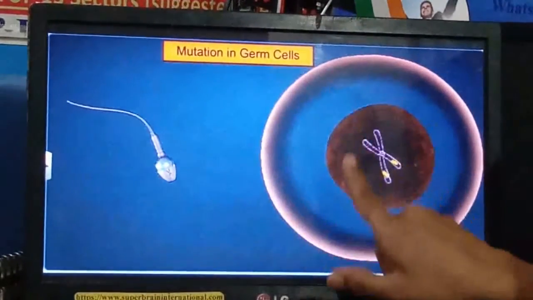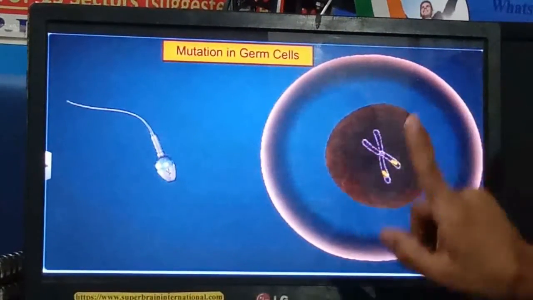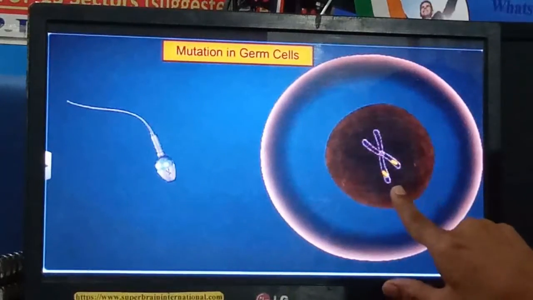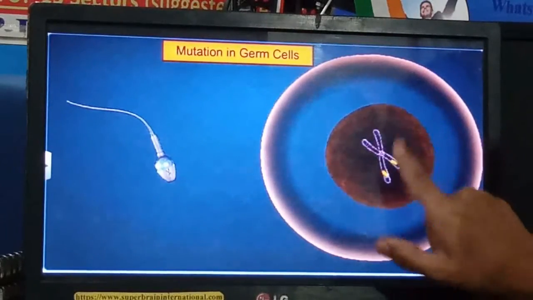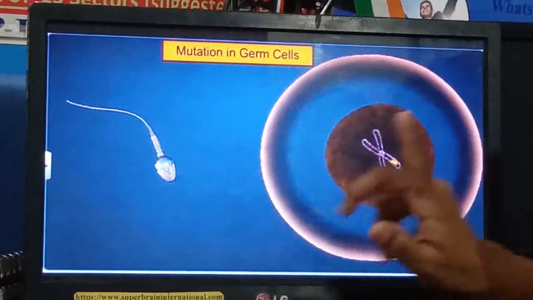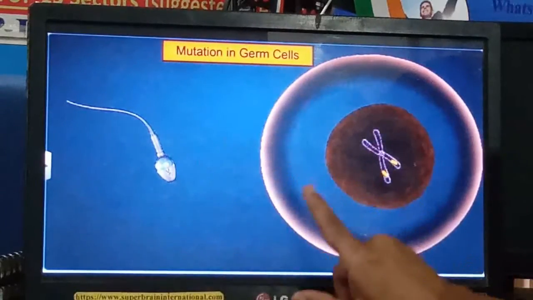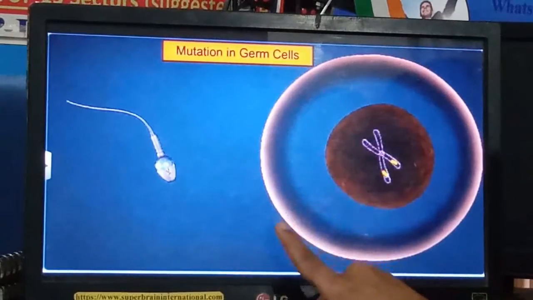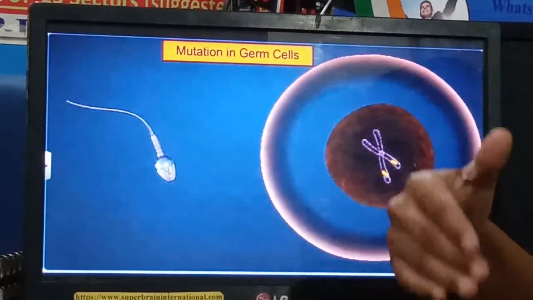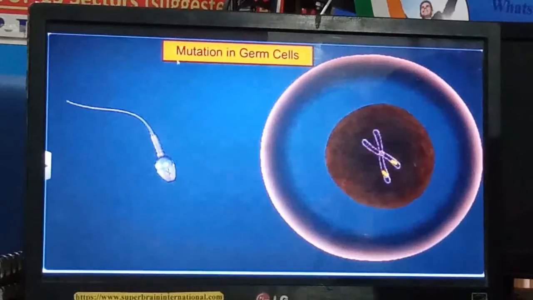One is the sperm and another is the egg. So whenever this polymorphism change or mutation occurs in these two germ cells or any one of them, then definitely these two are taken in the process of fertilization. That's why this will be automatically transferred into the next generation.